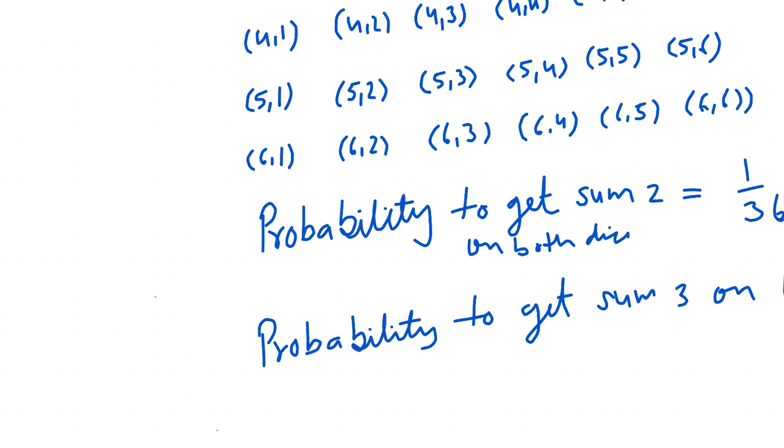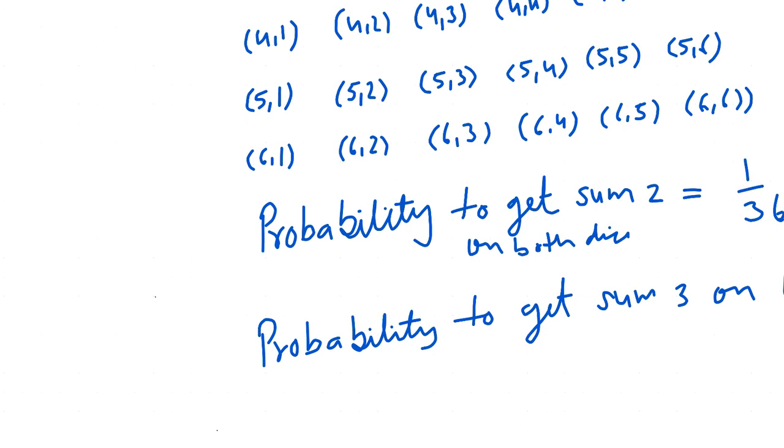Next topic is second. So you got the meaning of probability and random experiment. This is a random experiment where we throw two dice together.